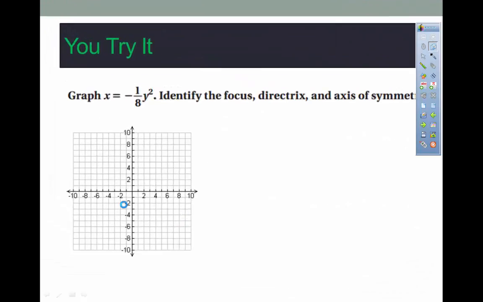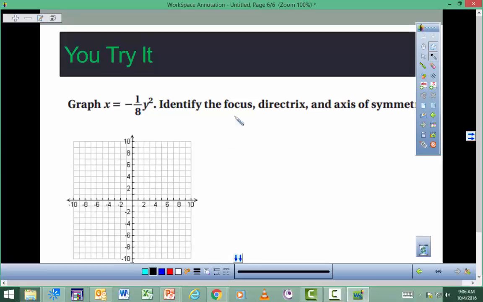Alright? Now this one. The first thing you want to realize is whether it goes up or down or left or right. Can you quickly look at your cheat sheet and figure out which way this one goes? Up, down, left, or right? You have x is equal to -1/8 y squared.